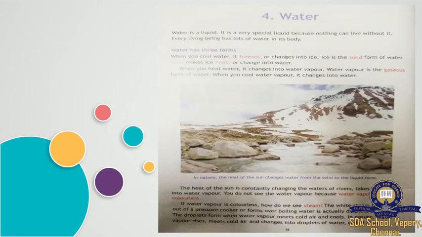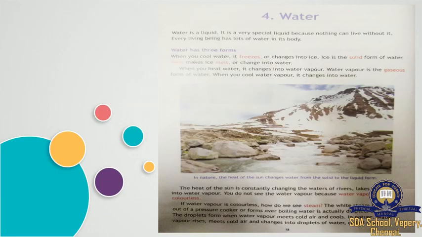The white steam that comes out of a pressure cooker or forms over boiling water is actually the droplets of water.